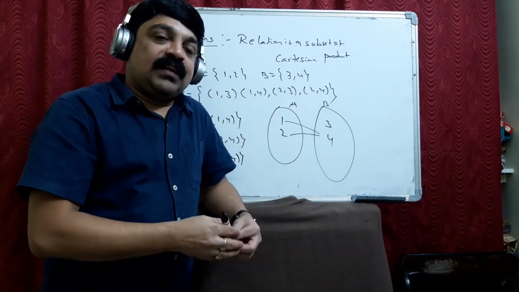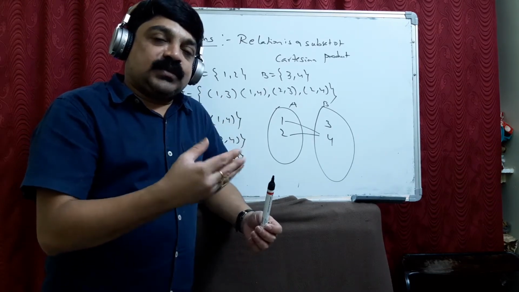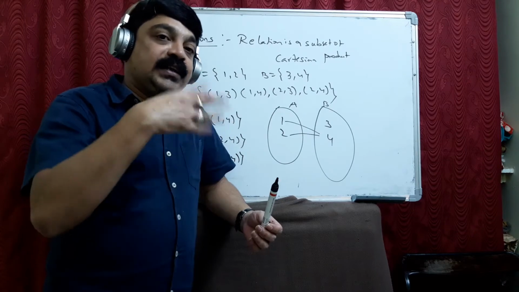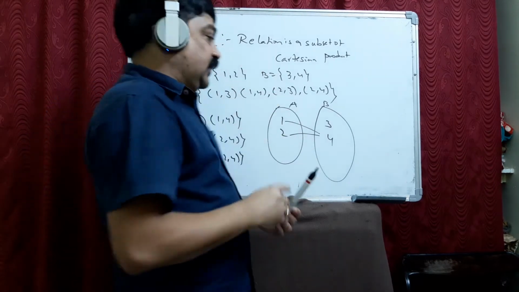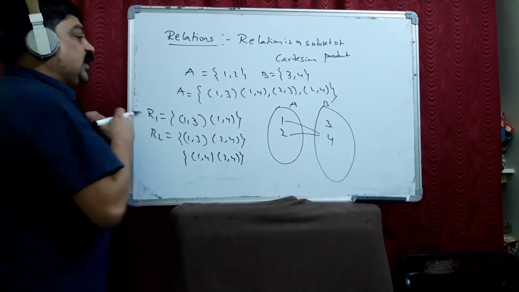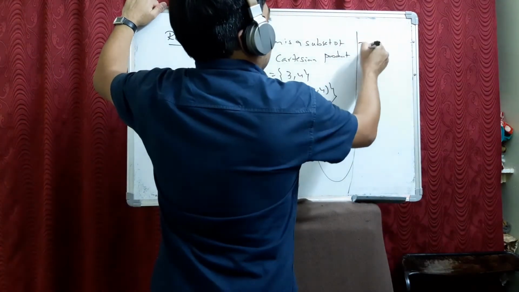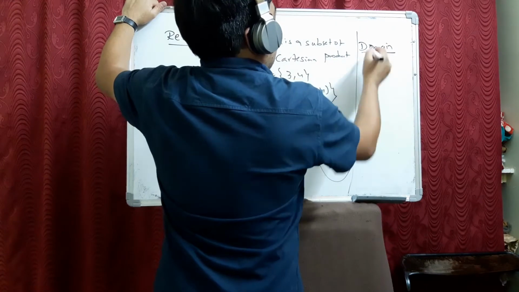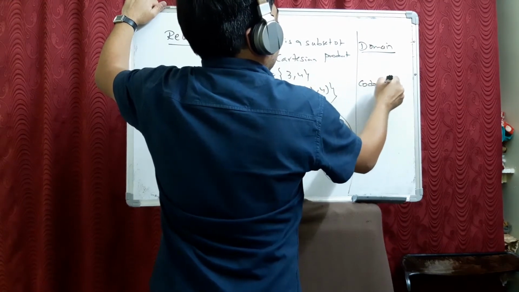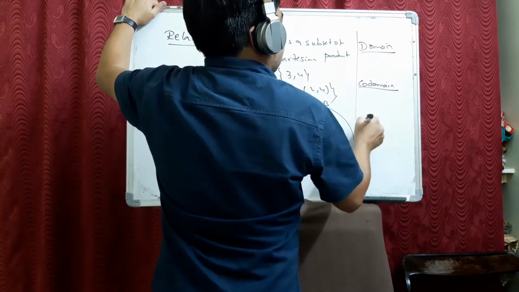The next exercise will have algebraic expressions where we have to find the domain, and there the process differs. I'll tell you. See, in this exercise, what is a domain? What is a codomain? And what is a range?